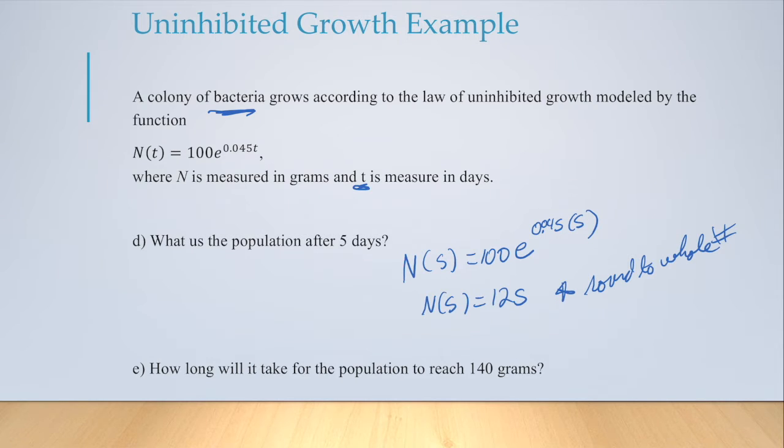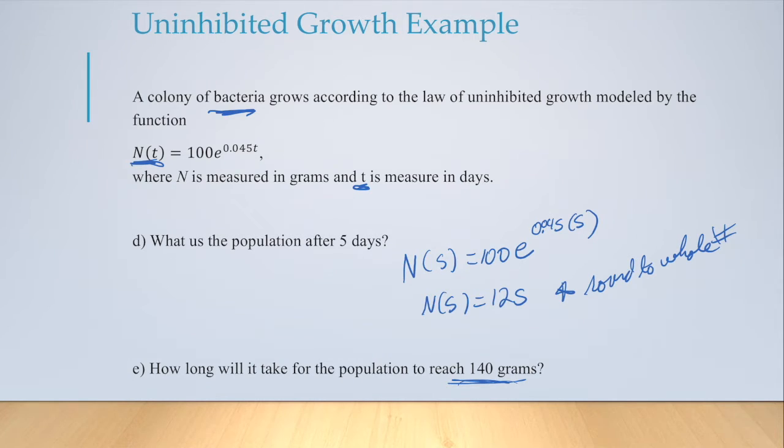For question E, we want to know how long it will take the population to reach 140 grams. So let me bring up a whiteboard. I want to know what t is when N(t) is 140 grams.